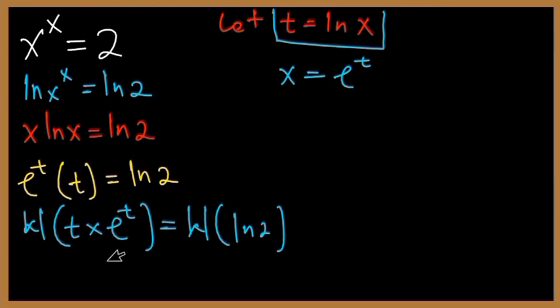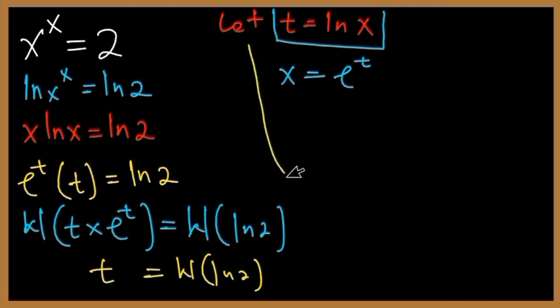So from here, this gives me t equals W of ln 2, bracket close. So now I can do some substitution here.